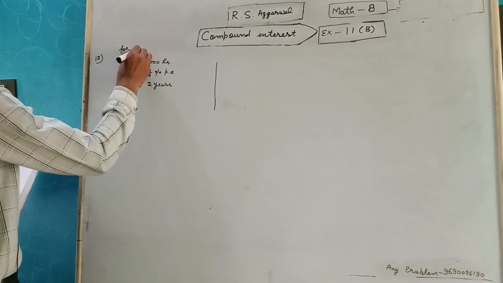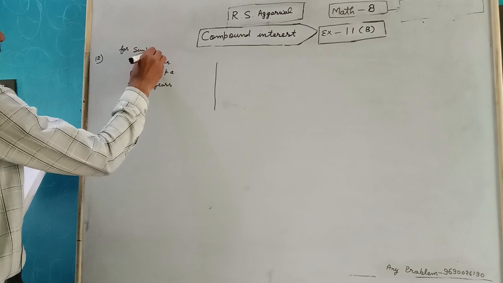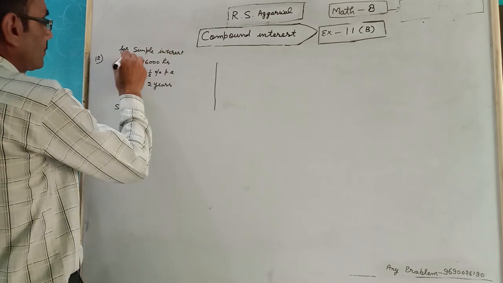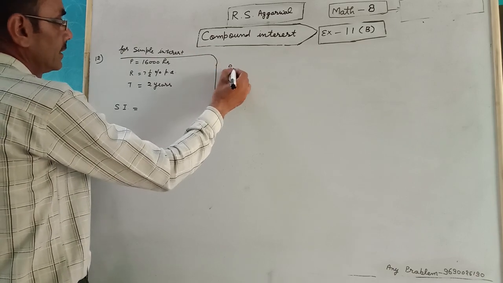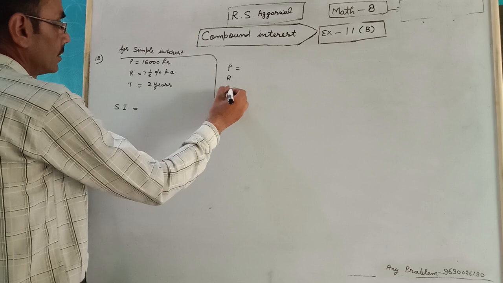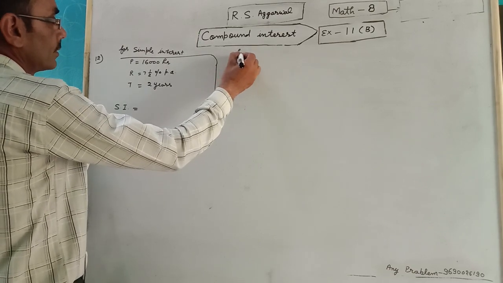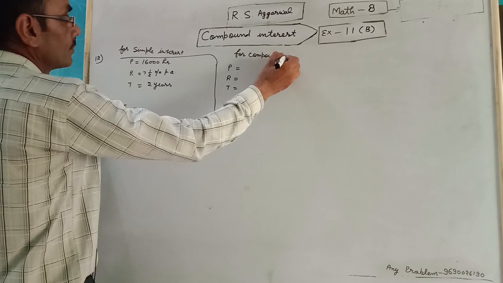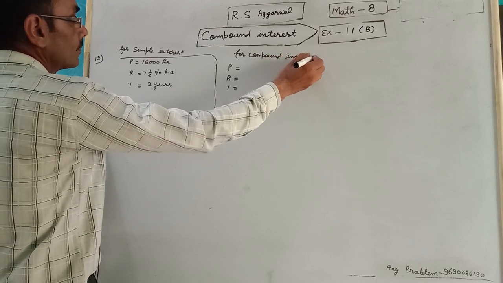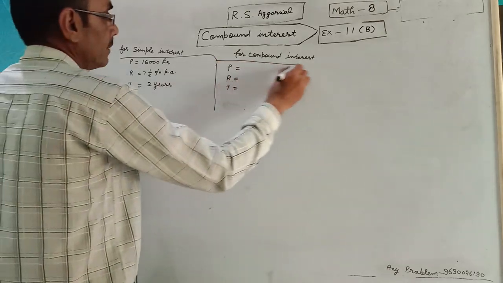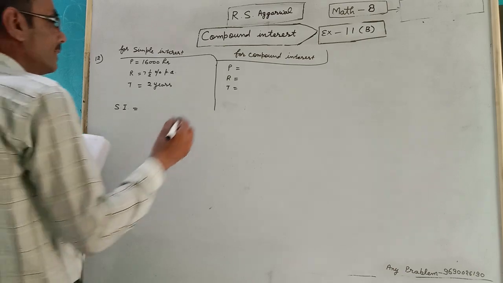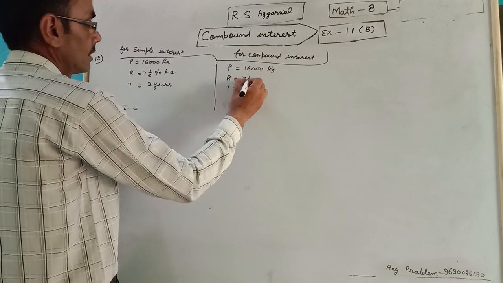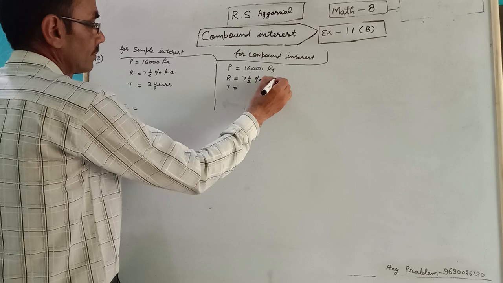For simple interest and the same for compound interest, P, R and T are the same. 16,000, R is equal to 7 whole 1 upon 2% per annum.